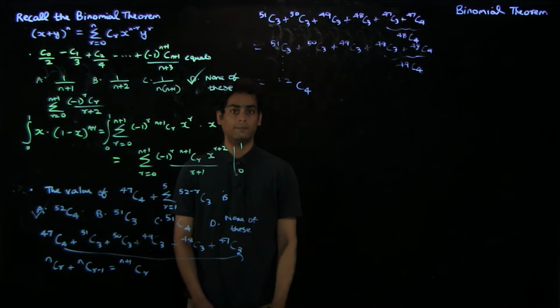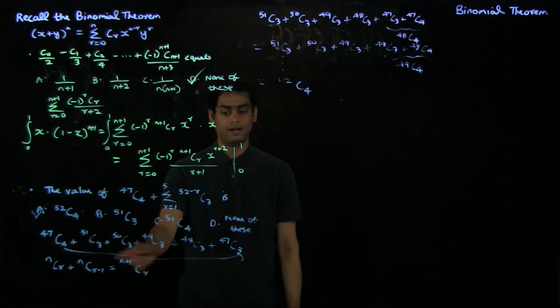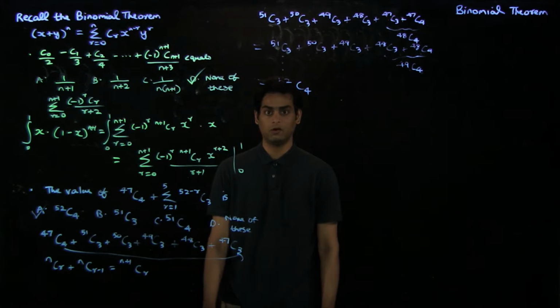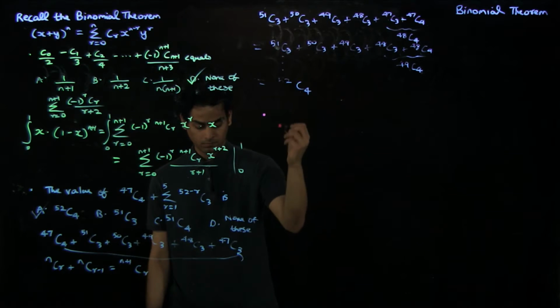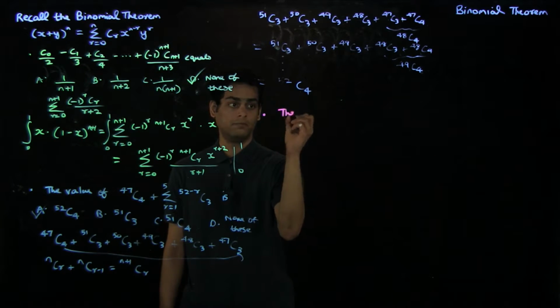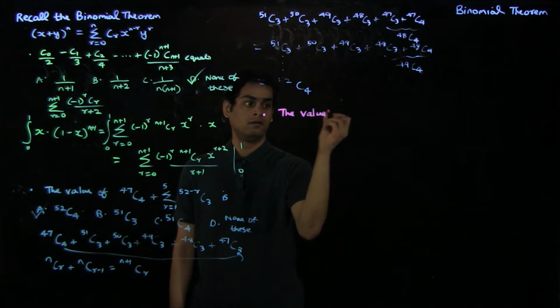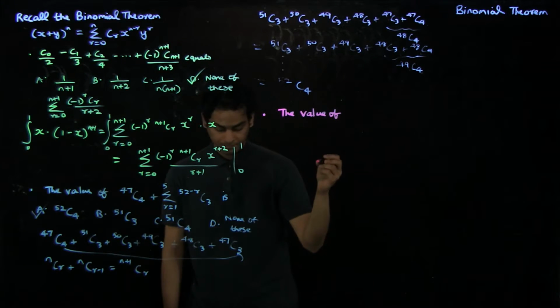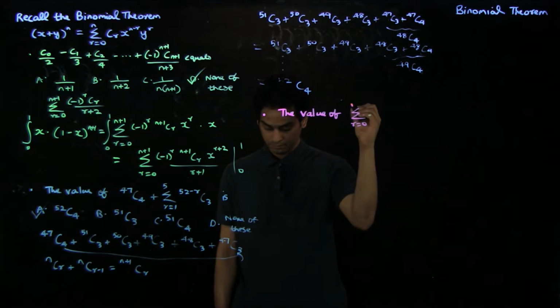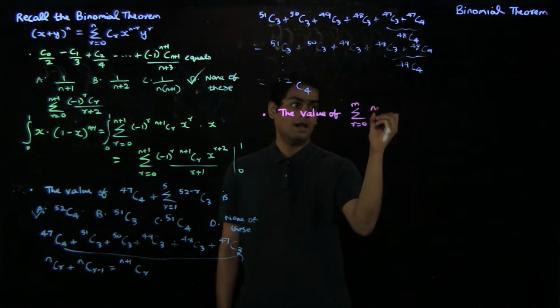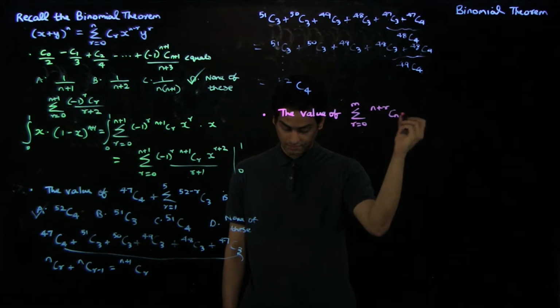To see if you've grasped this concept of rewriting the terms so that you can collapse them in this form, let's look at the following example. It asks you to compute the value of summation r equal to 0 to m, (n plus r) Cn.